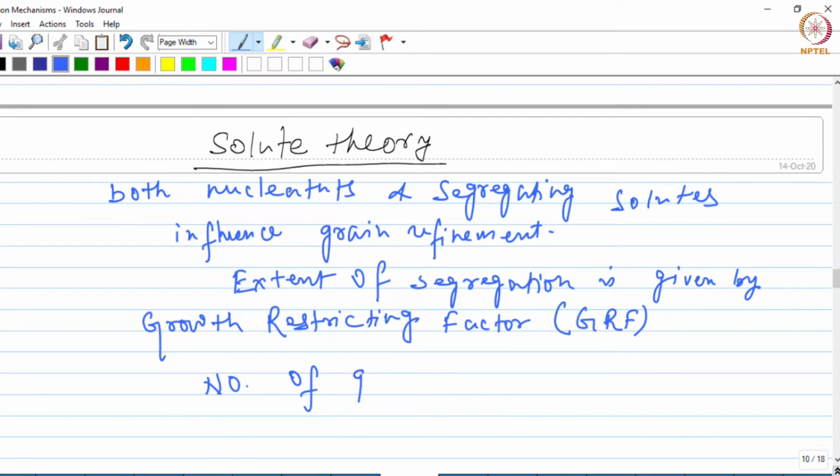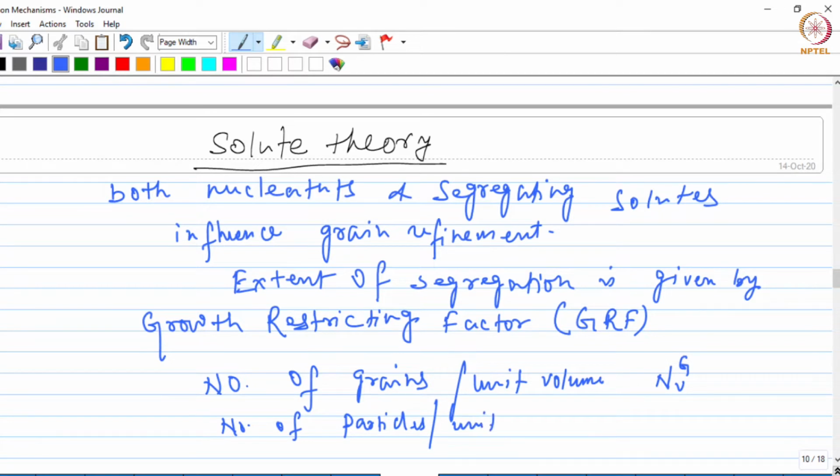So let's say the number of grains per unit volume is this one, NVG, and the number of particles per unit volume, let's say that is written as NVP.